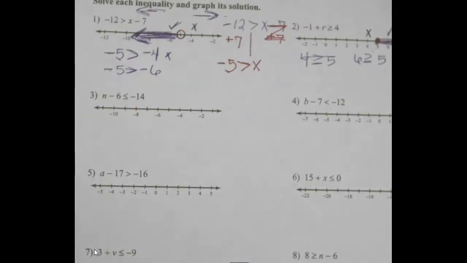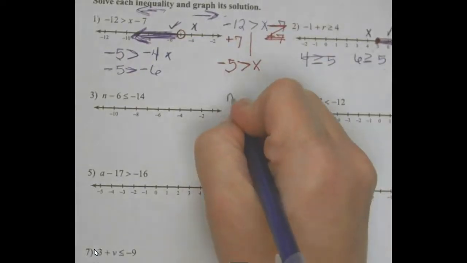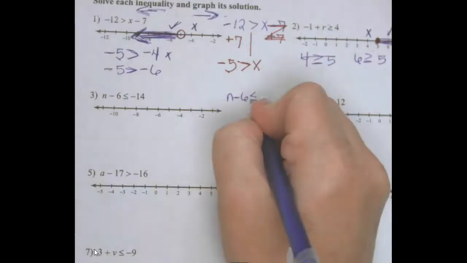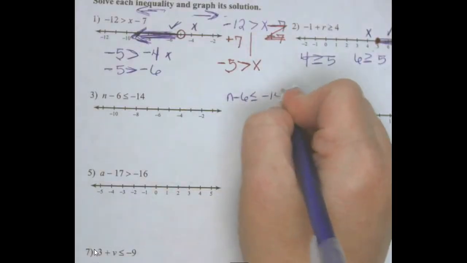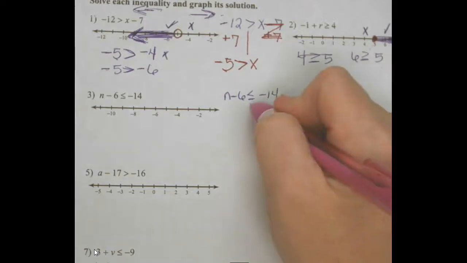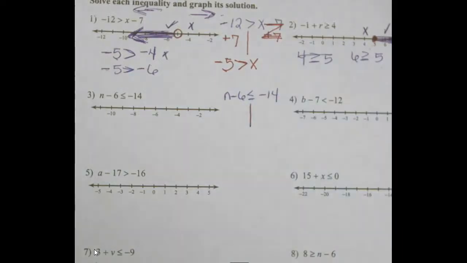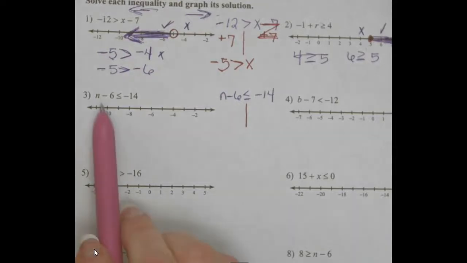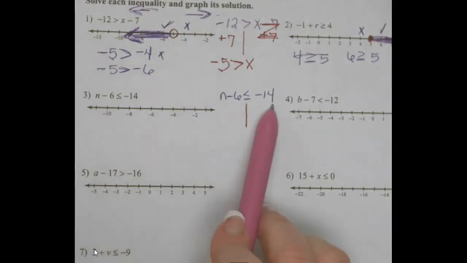Number 3. Again, I'm writing it out to the side. The first thing I'm going to do is draw my river. So I rewrote the problem so I would have room.